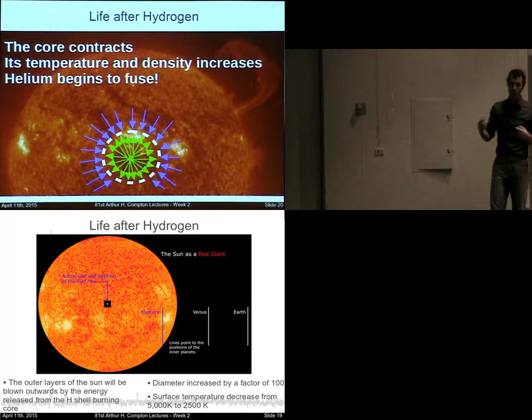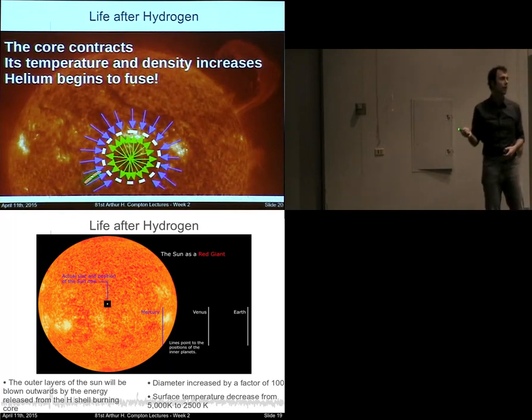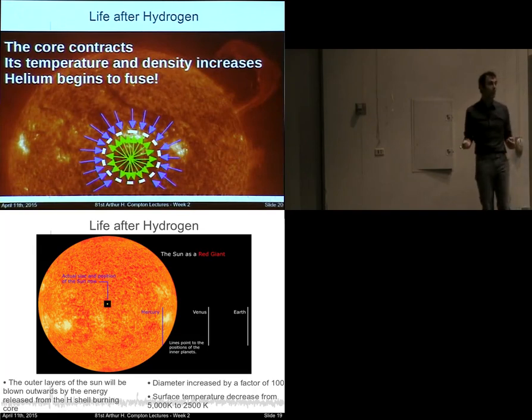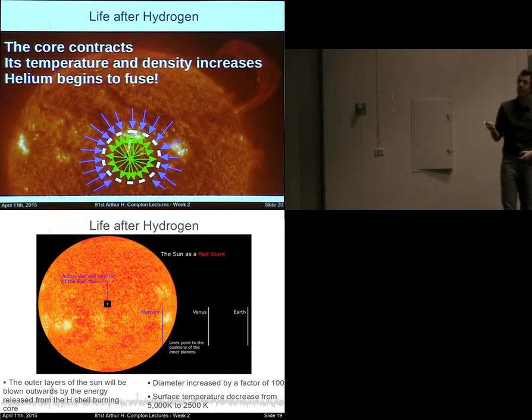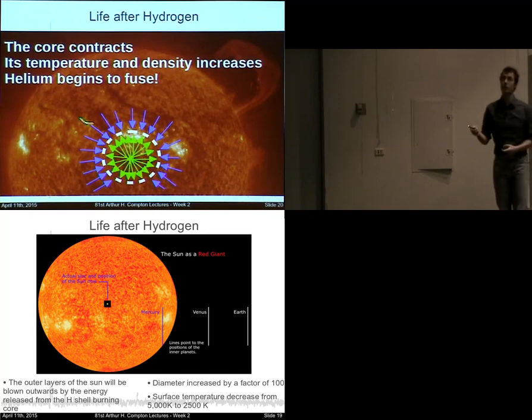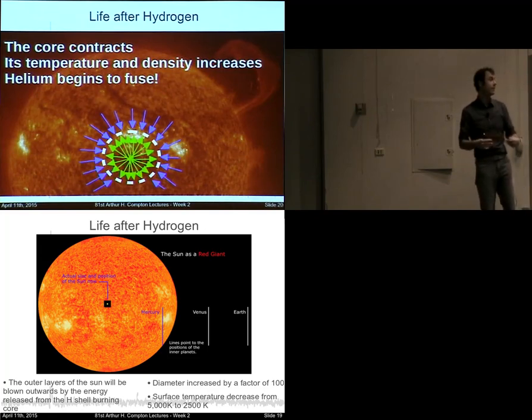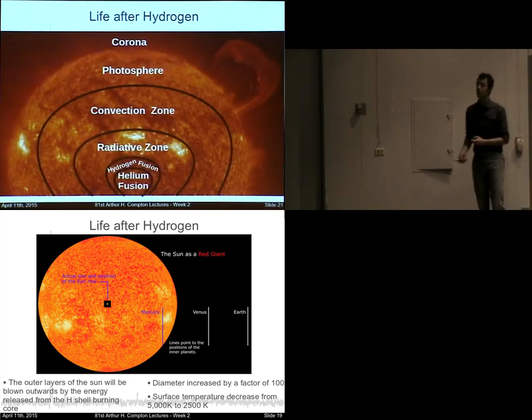But anyway, when we're in the red giant phase, and we have the hydrogen shell burning, what will happen next? Eventually the temperature will increase enough, the compression from gravity will compress enough, that helium begins to fuse. So now, rather than turning hydrogens into heliums, we have heliums combining together to make heavier elements, carbon and oxygen.